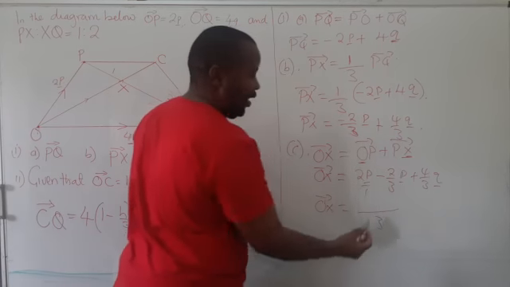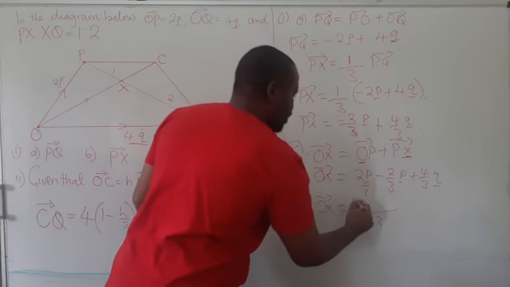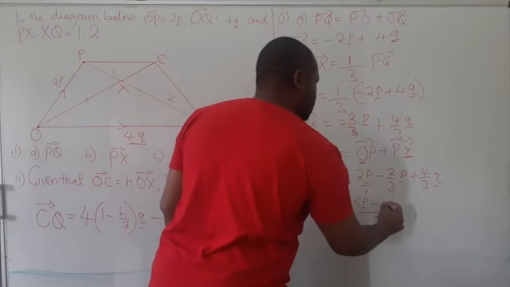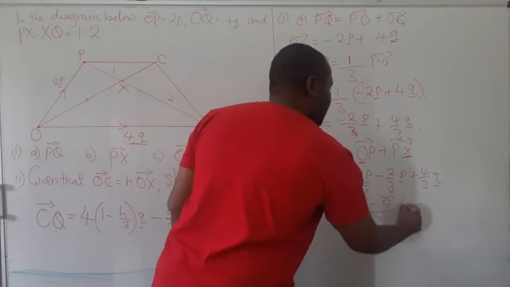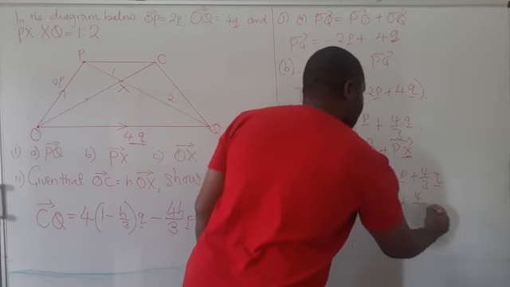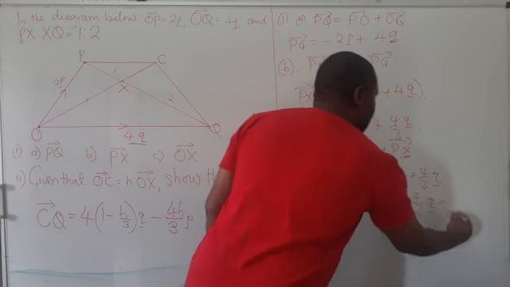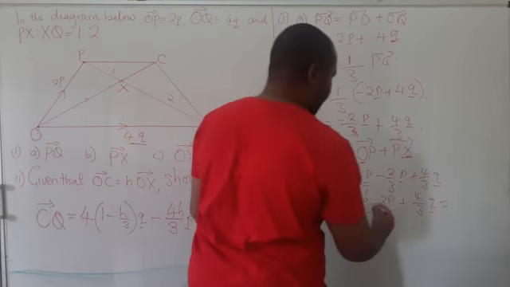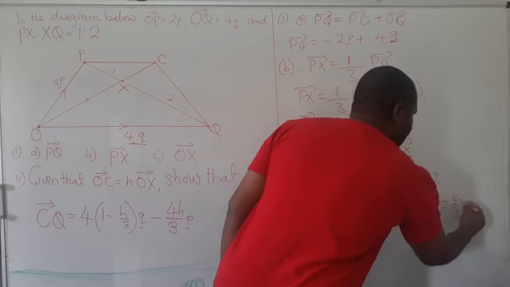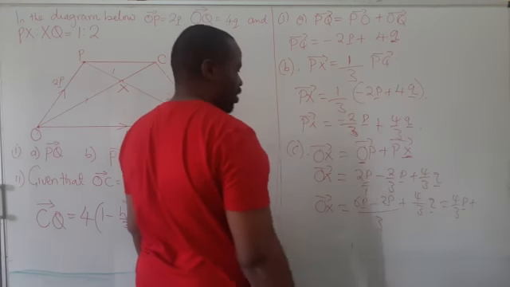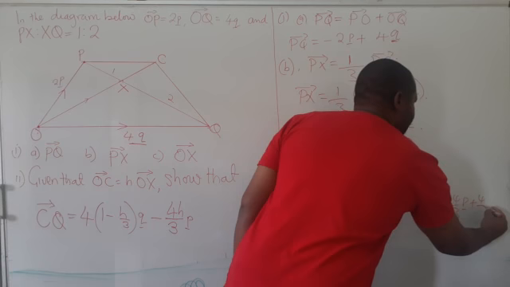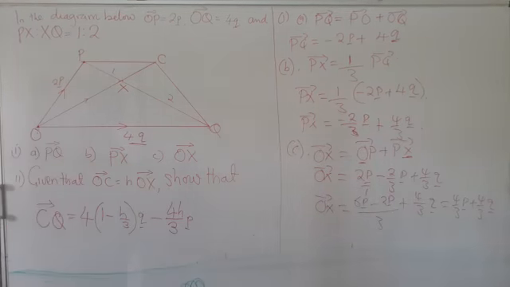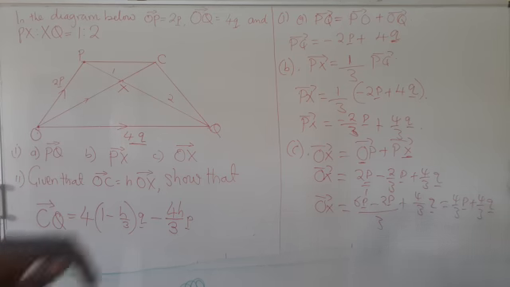Then you cross multiply. 3 by 2P, you have got 6P, minus 1 by 2P, you have got 2P, plus 4 over 3Q, okay? And what we get when you subtract there is 4P over 3 plus 4 over 3Q. Okay, that is our answer.